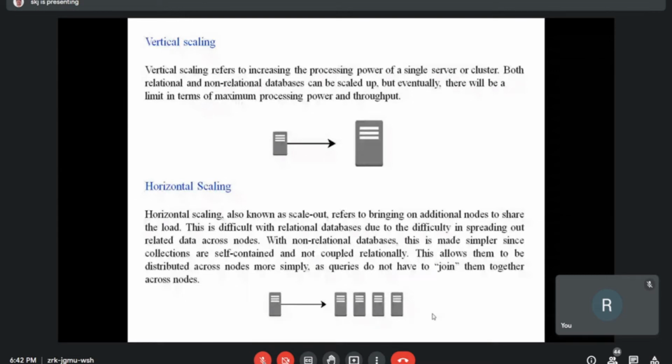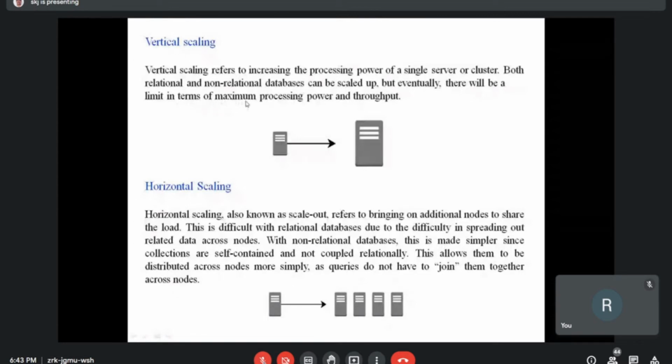So here it is written, I read it. Vertical scaling refers to increasing the processing power of a single server or cluster. Both relational and non-relational databases can be scaled up, but eventually there will be a limit in terms of maximum processing power and throughput.